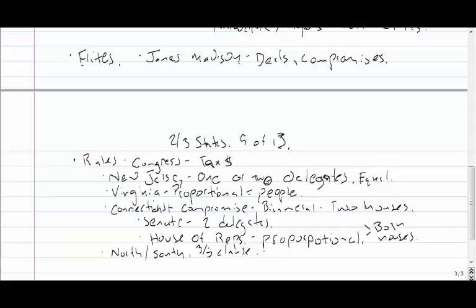Here's the concept. We're going to count slaves as a fraction. For every slave, we're going to count them as 3/5 of a person. Put 2 slaves together, you have a person and a fraction. Every slave we count is going to add to the proportionality of our state.